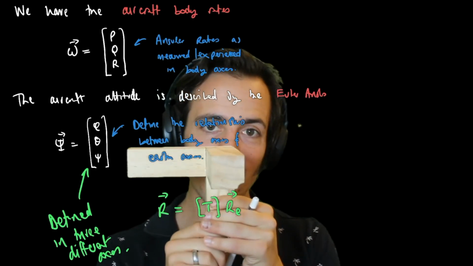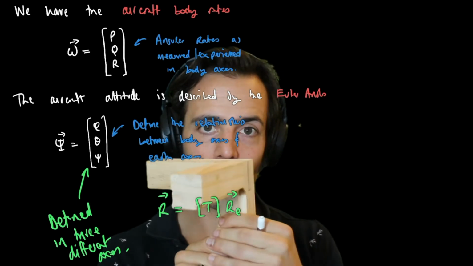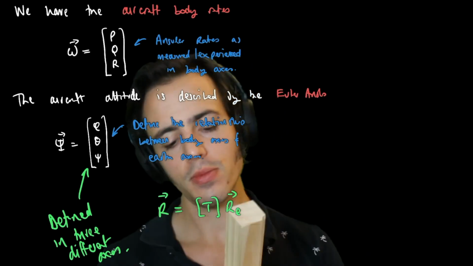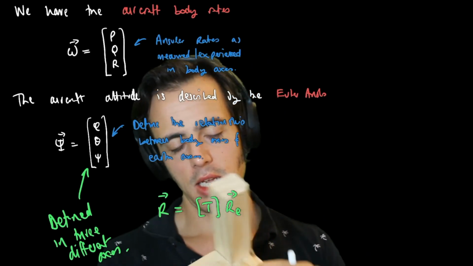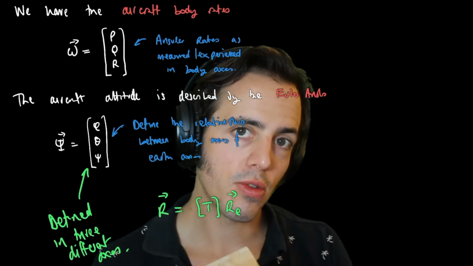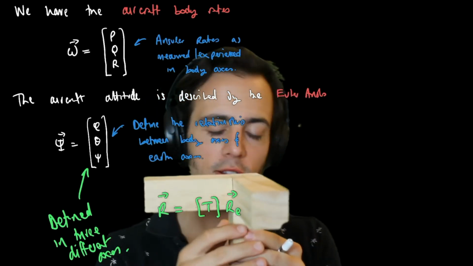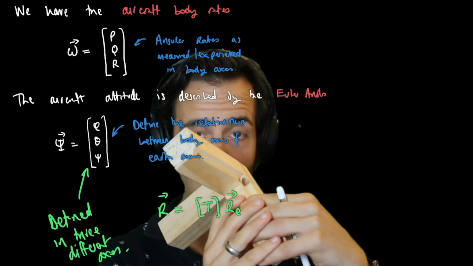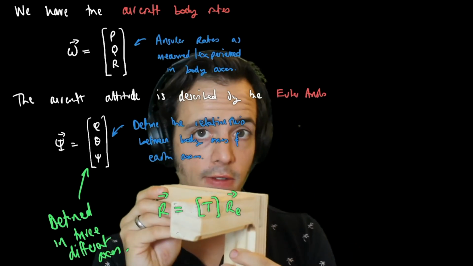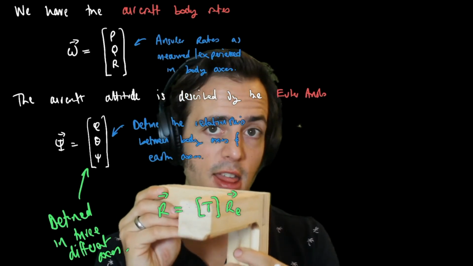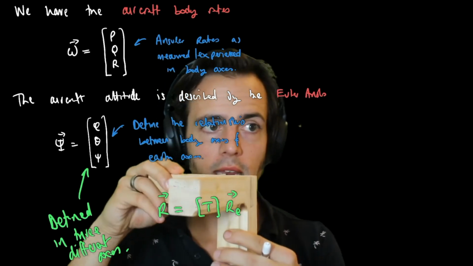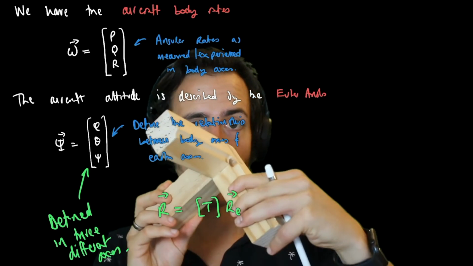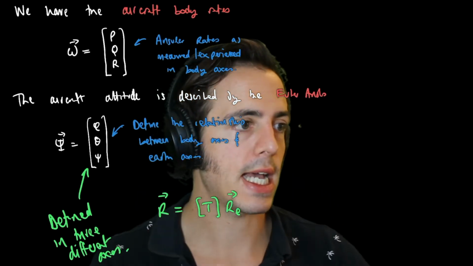So the rotations that we go through are yaw, pitch, and roll. Then the angles that we go through again, remember this is psi, theta, phi. This means that psi is defined in Earth axes, theta is defined in this new intermediate axis set, and then phi is defined in the second new intermediate axis set.